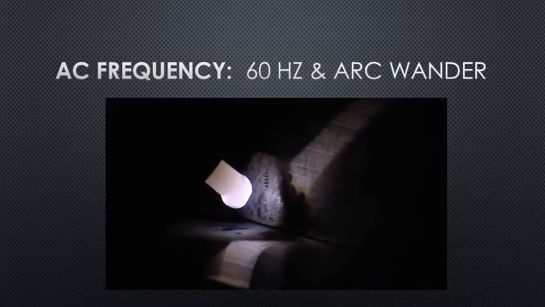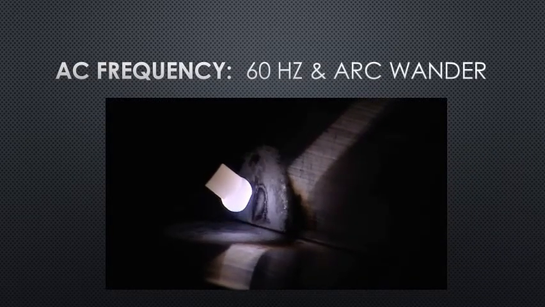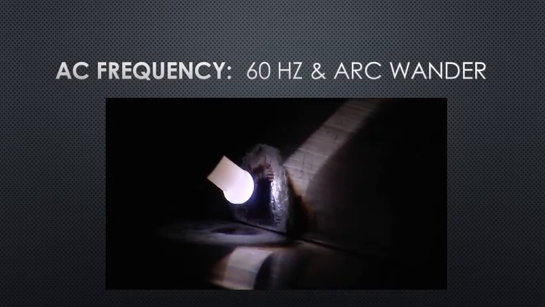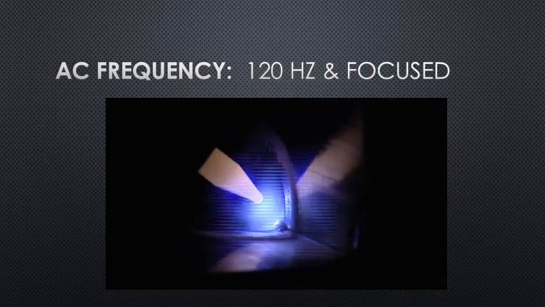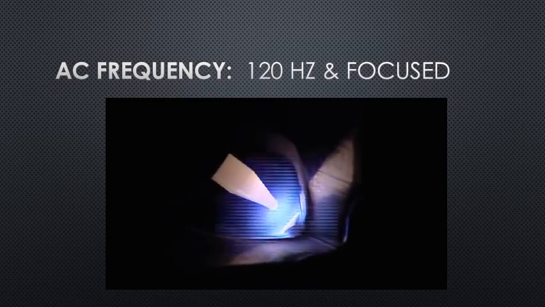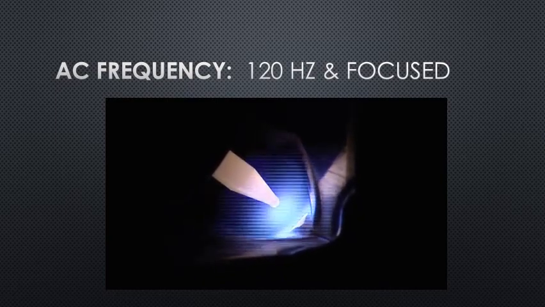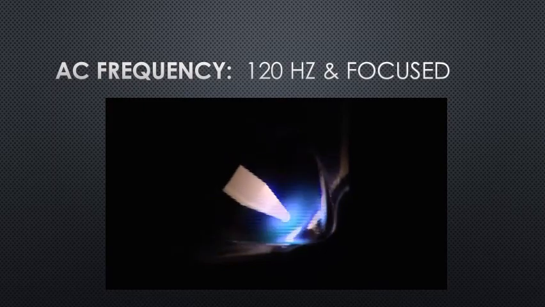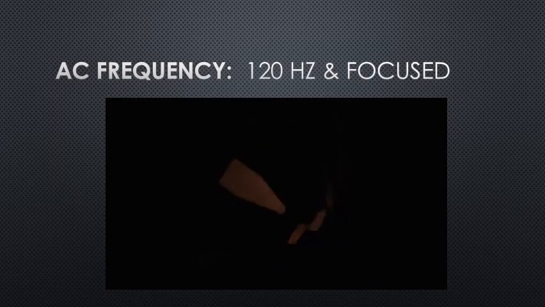This video illustrates the arc wander that occurs in a T-joint when welding with a 60 hertz arc. This video illustrates the focused arc that results with an AC frequency of 120 hertz or even higher.